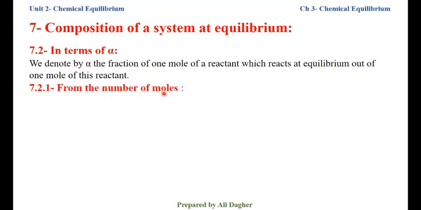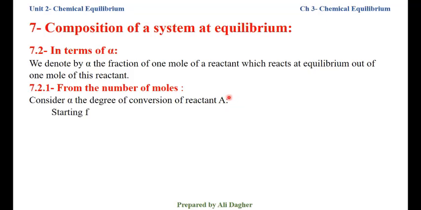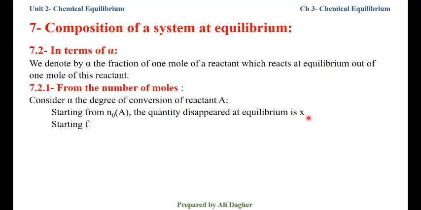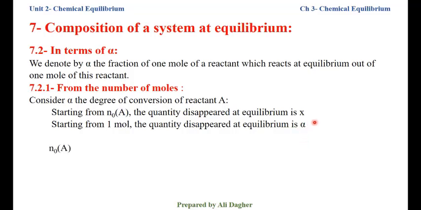Composition in mole. Consider alpha the degree of conversion of reactant A of the general reaction aA + bB gives cC + dD. Starting from an initial number of moles of A, the quantity that disappears at equilibrium is X. But if we start from 1 mole, the quantity that disappeared at equilibrium is alpha. Then what is the relation between X and alpha?